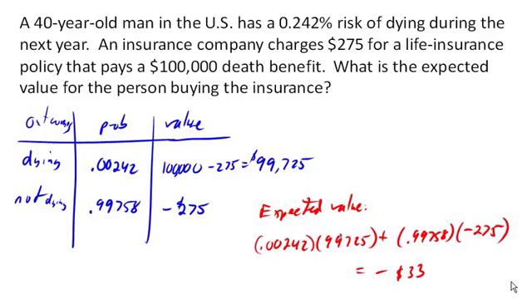And really, the reason that they can afford to pay out that occasional $100,000 benefit is because of all the people who don't die who balance it out. So even though this has a negative expected value to the purchaser, there's certainly security, knowing that your family's cared for, benefits to having insurance, which might make that expense worthwhile.